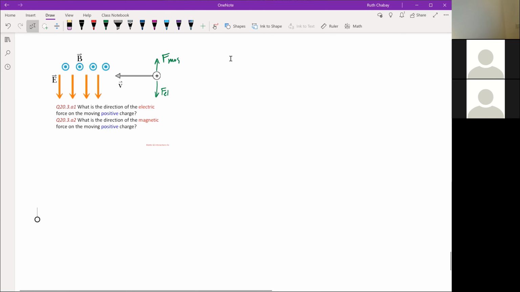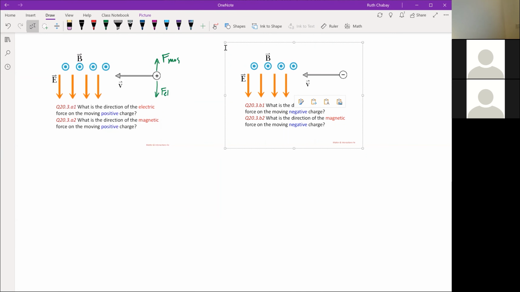Let's consider a similar situation, but now exactly the same field configuration, but we have a negative charge moving to the left. So now the direction of the electric force is going to be up because the charge is negative.